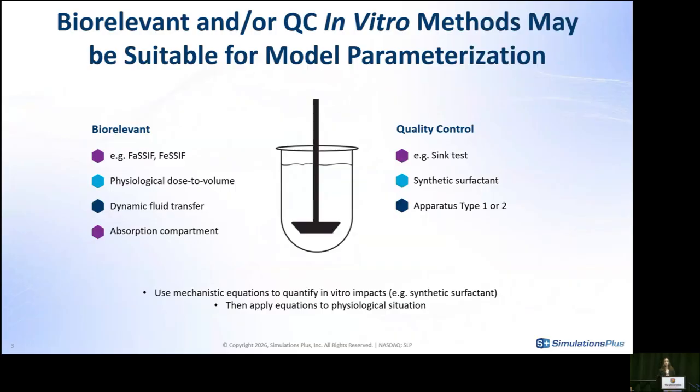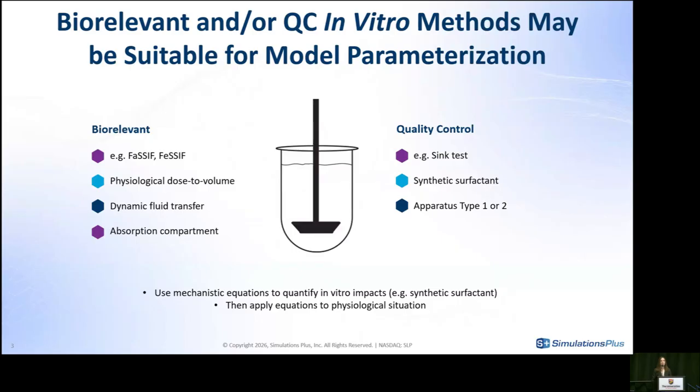So the first general consideration that Siva also talked about is that both biorelevant and QC dissolution methods may be suitable for model parameterization. Biorelevant methods may be preferred due to their physiological nature. However, quality control methods, which might use unrealistic volumes, might use synthetic surfactant, and also might be constrained to USP 1 or 2, are also potential for use in PBBMs.